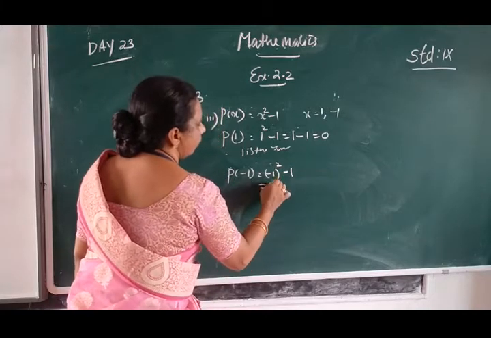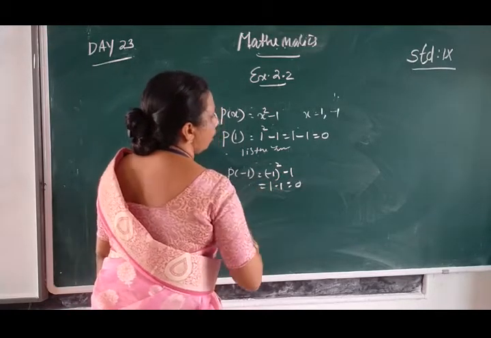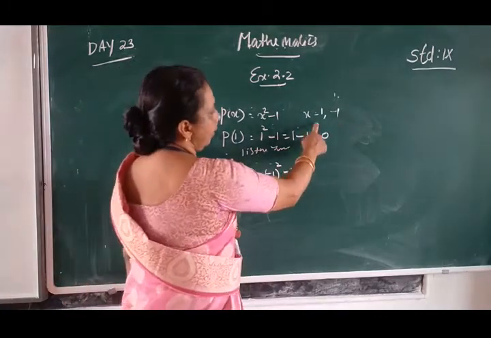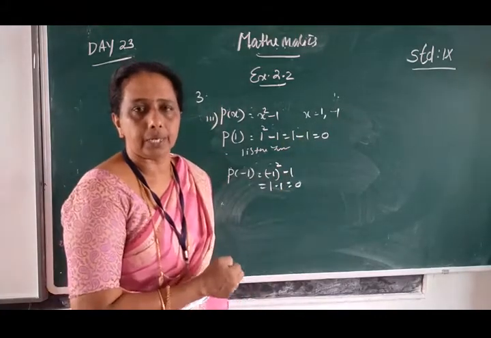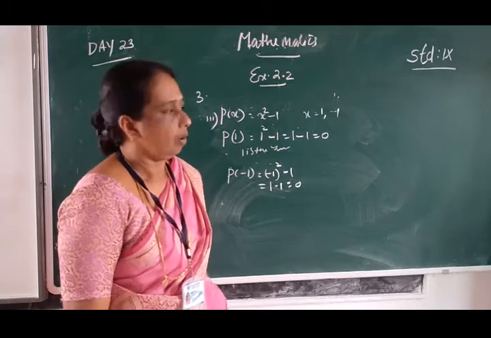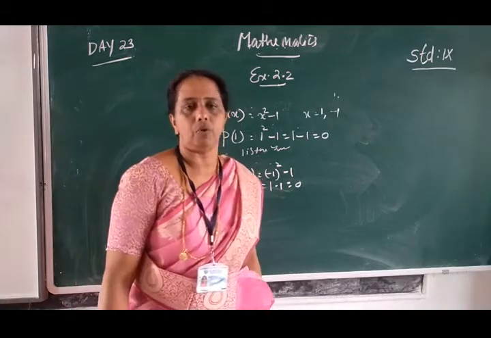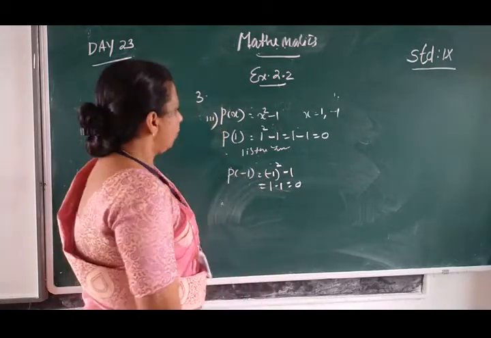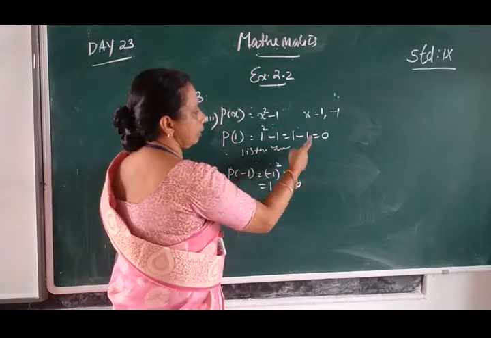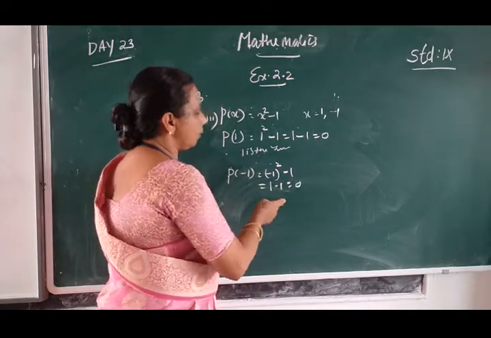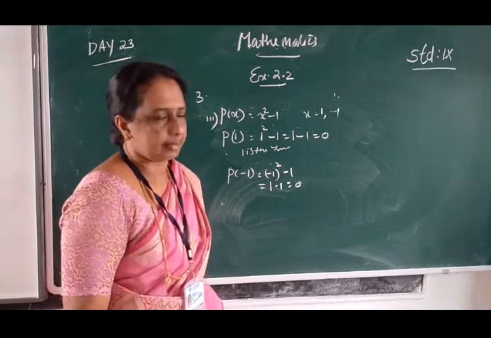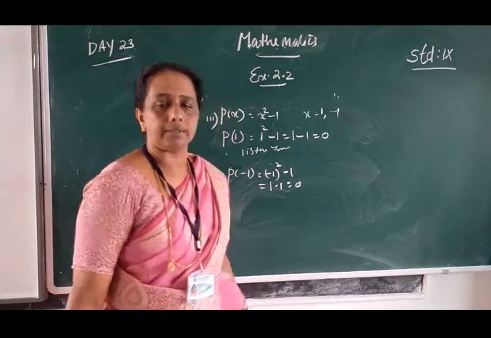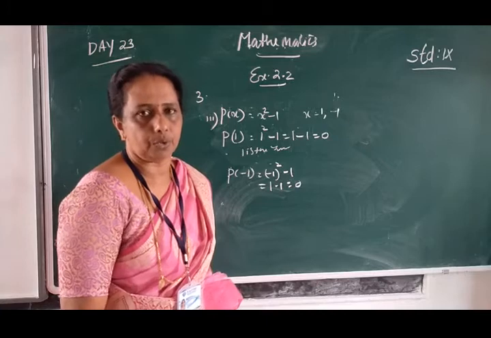Minus 1 the whole square we know is 1, 1 minus 1 is equal to 0. Because p of 1 is equal to 0 and p of minus 1 is equal to 0, we can say that 1 and minus 1 are the zeros of the given polynomial.